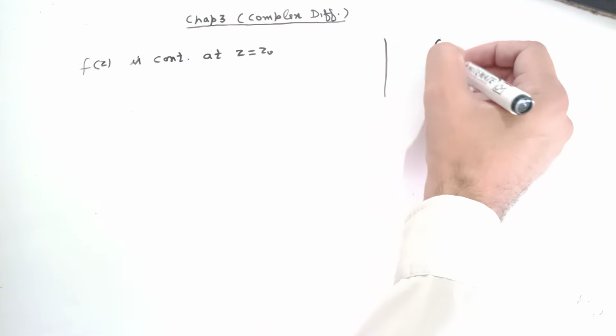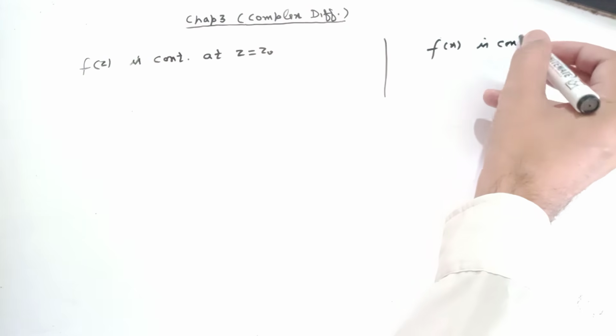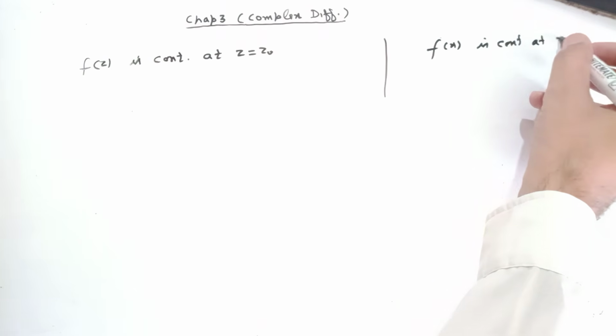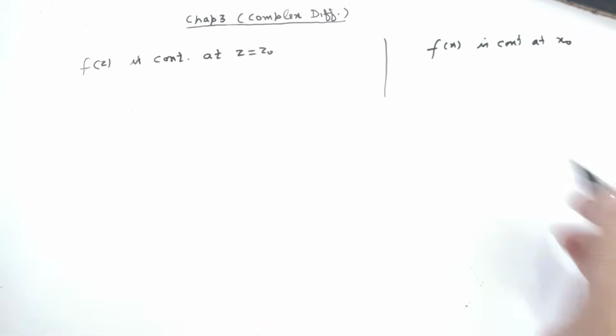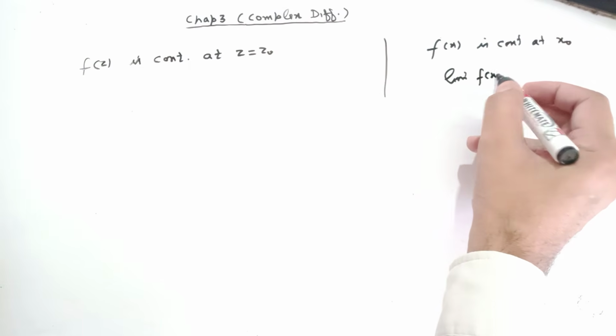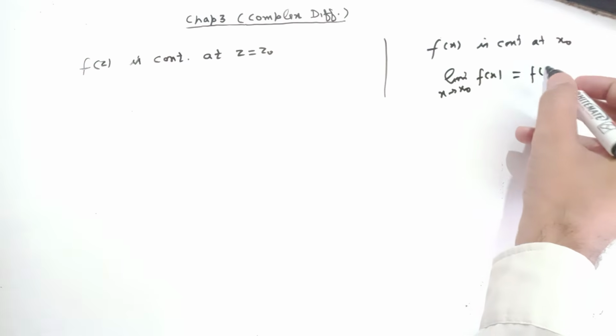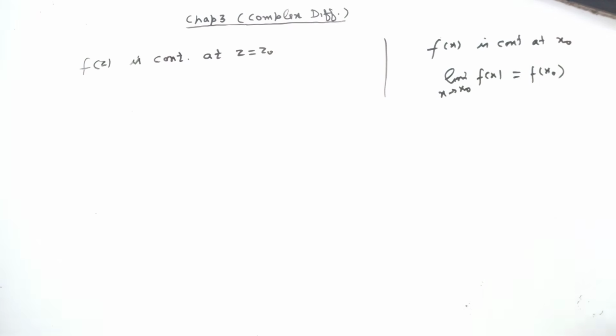Recall the continuity definition of a real function. f(x) is continuous at x0 if limit of f(x) as x tends to x0 is f(x0), limit value of the function is equal to its value.